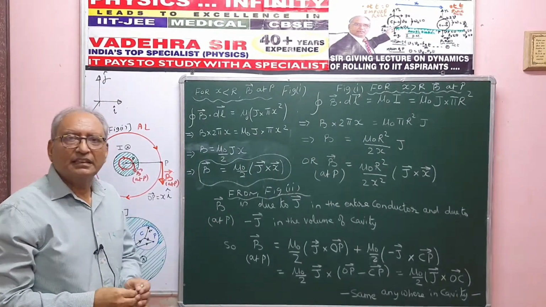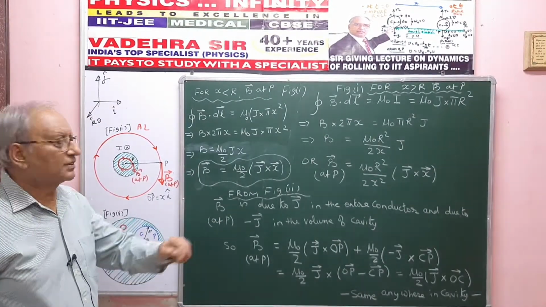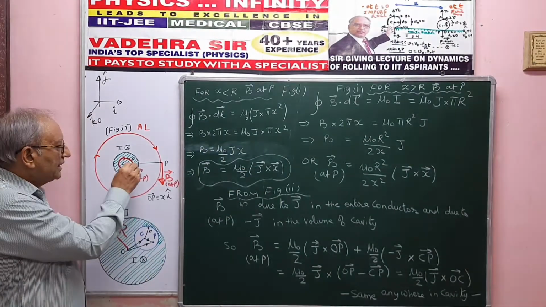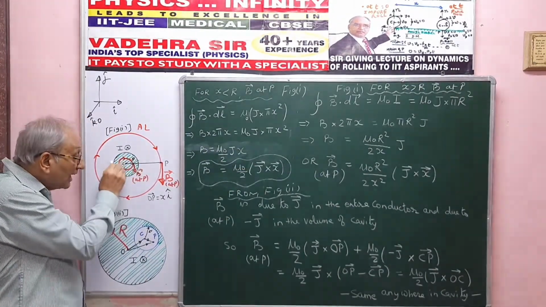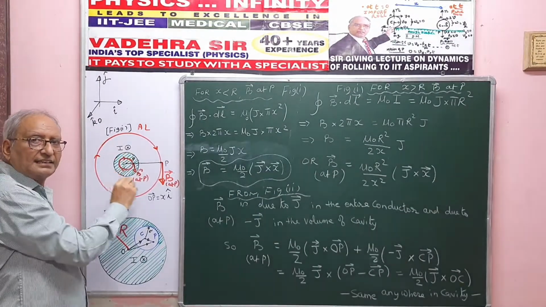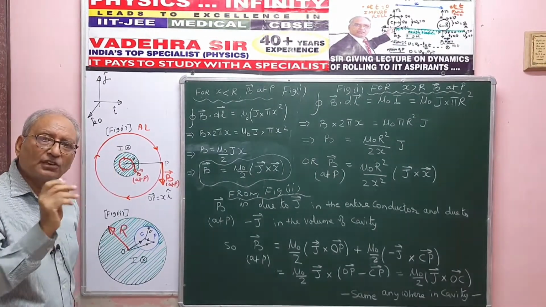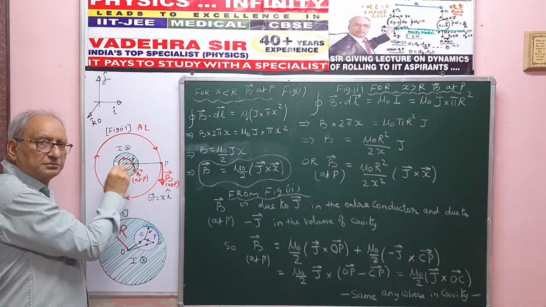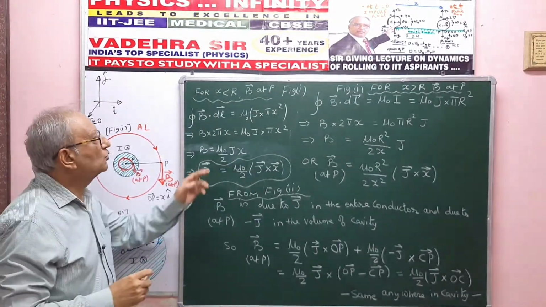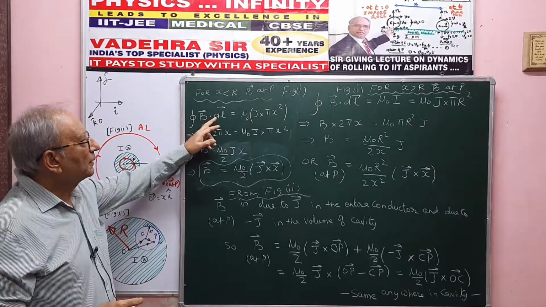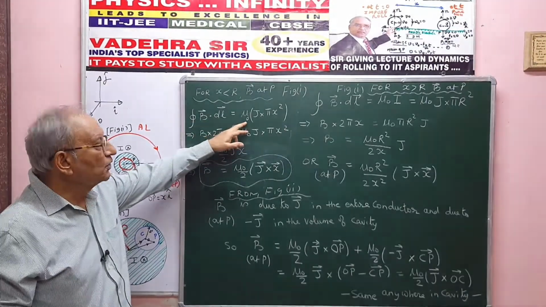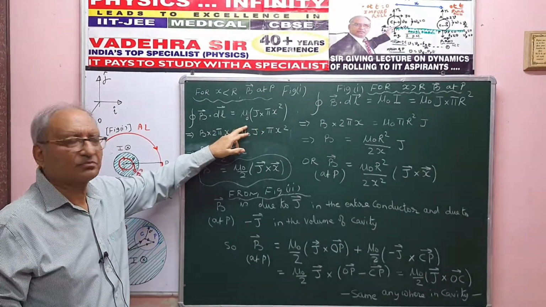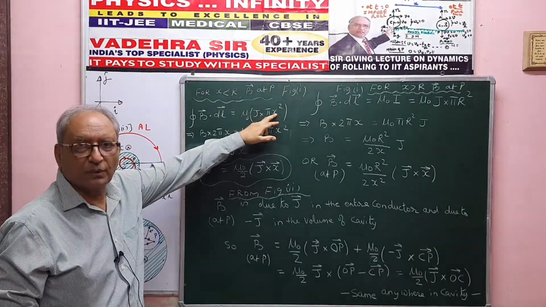Done. Now let us look at the second situation before we go to the cavity. In the second case, I take a point P inside the wire. So I have to take the contribution of the current that is within this Amperian loop. I apply the Amperian loop again. B arrow dot dl arrow is mu naught into the net current inside the Amperian loop, which will be J into pi x square.